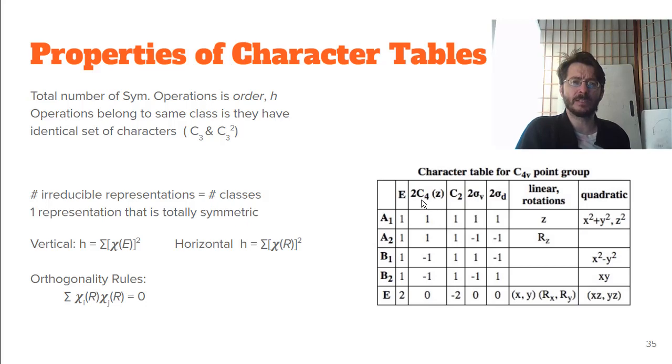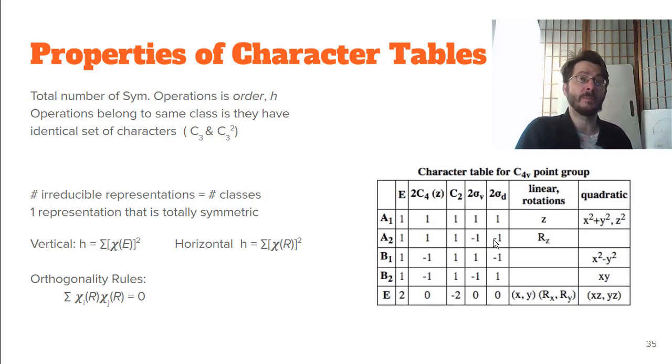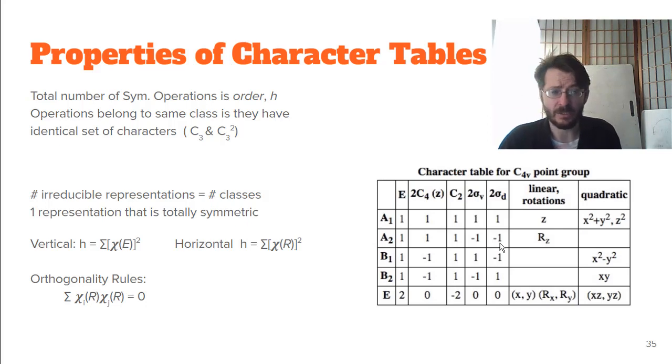So this represents, there are 2 separate C4s. So this would be 1. This would represent 1 squared plus 1 squared. So that's 3 now. 1, 4. 1 squared plus 1 squared, 5, 6. And then 7, 8. All right? So going along the horizontal, the sum of those will equal the order. All right? So those fall out naturally from the representation.